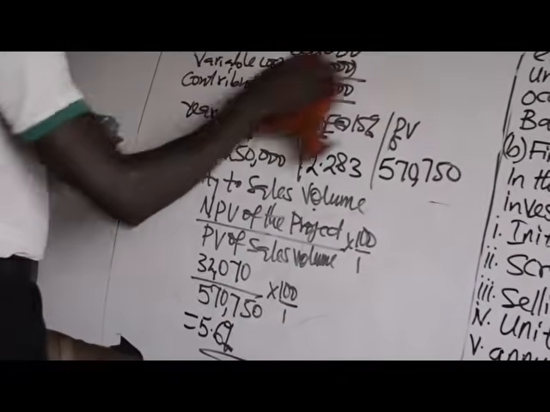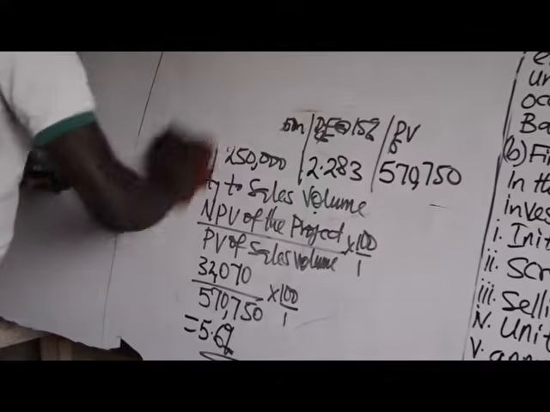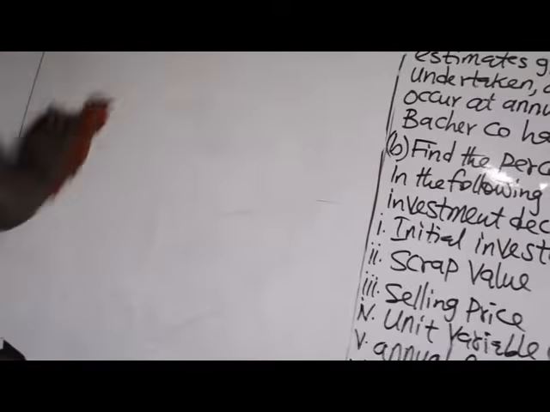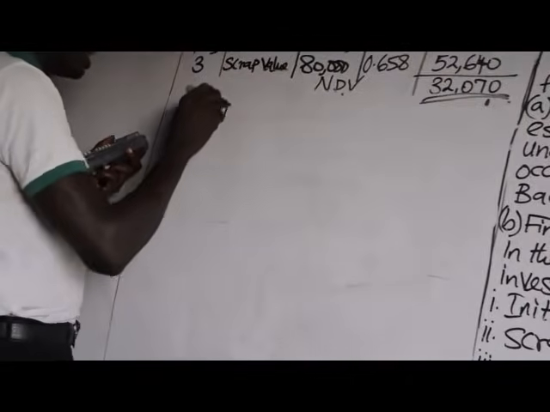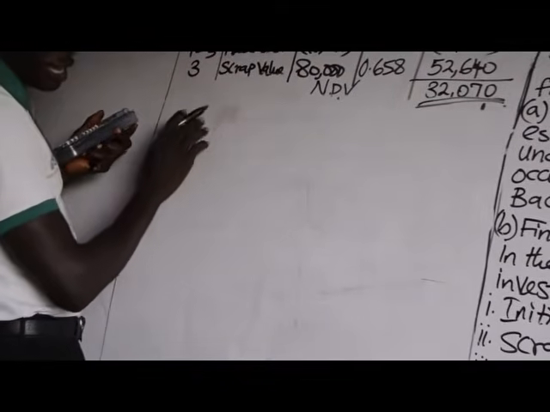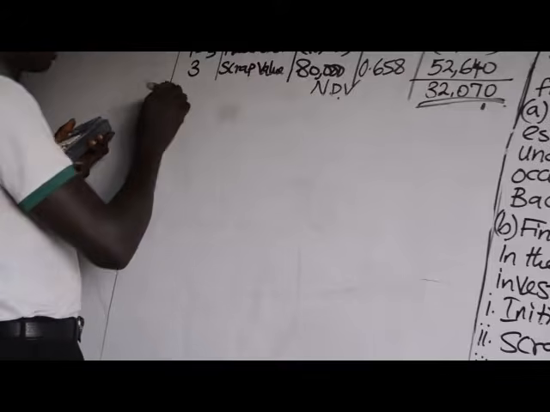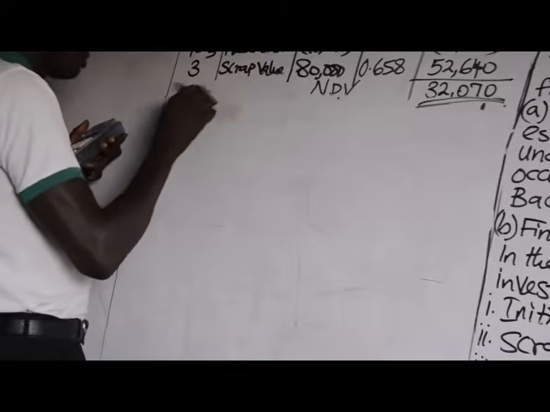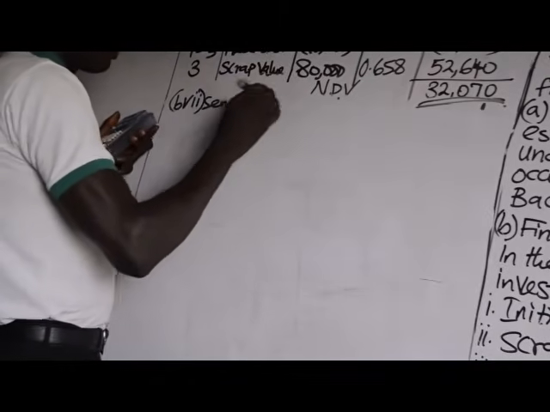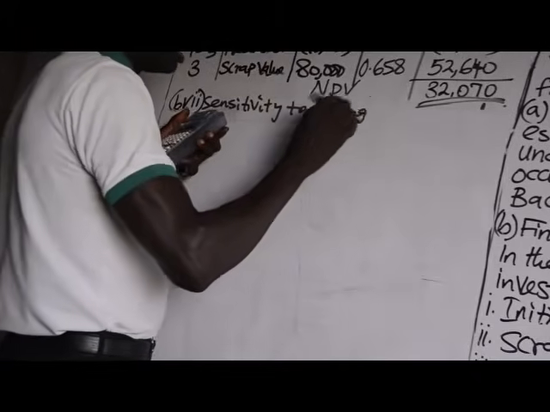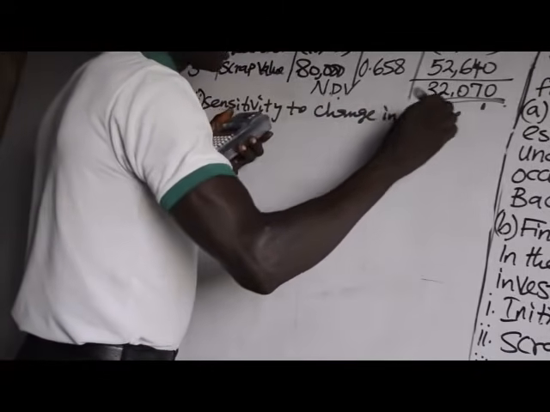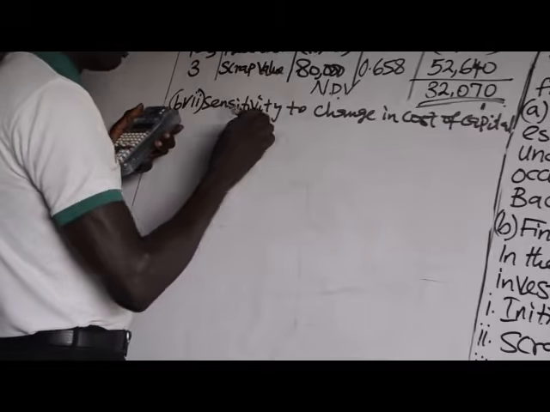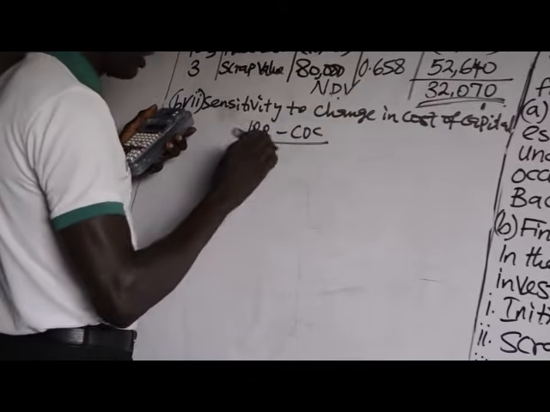I said that is IRR, that is B7. Sensitivity to change in cost of capital is IRR minus cost of capital over cost of capital times 100.